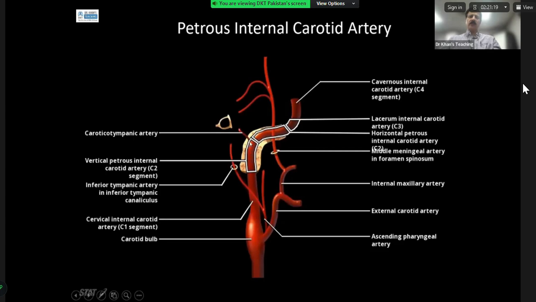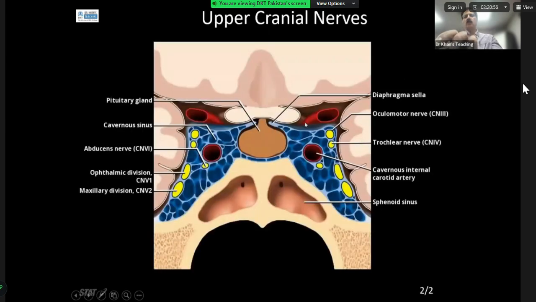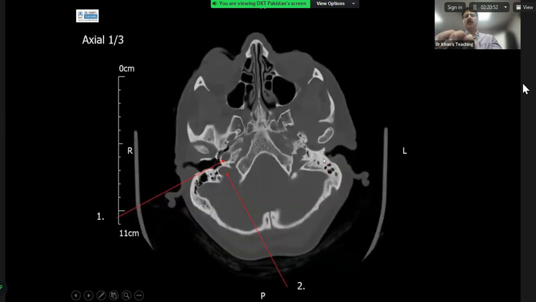You can see this, it is going vertically. This is known as the vertical portion. And then there is a horizontal portion in the carotid canal. And then it passes, look at this, it passes on top of the foramen lacerum. And then it goes into the cavernous sinus. So you remember that this is where it is passing through the cavernous sinus.